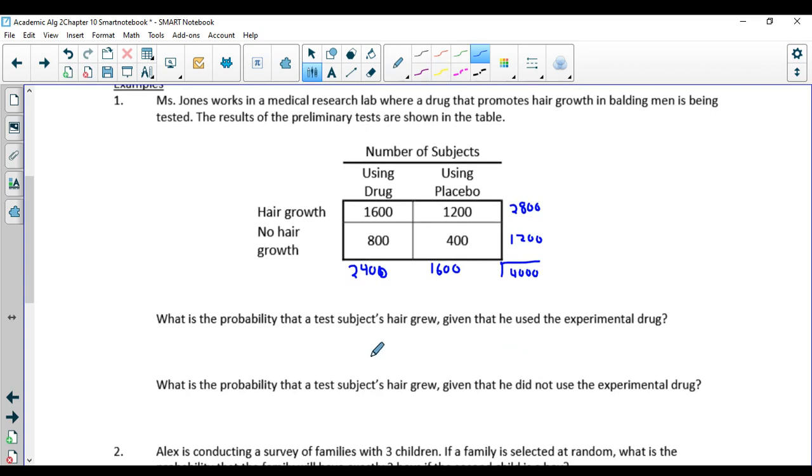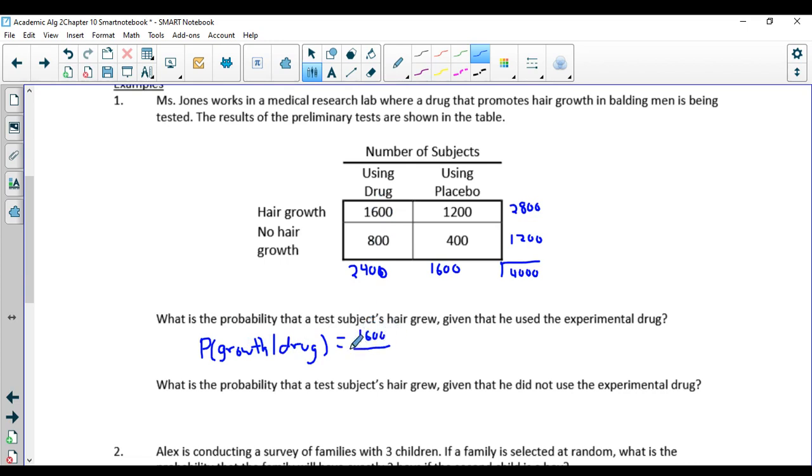Here it says, what is the probability that a test subject's hair grew given he used the experimental drug? So I'd have probability of growth given drug. Our numerator is probability of growth and using the drug, so that's 1,600.